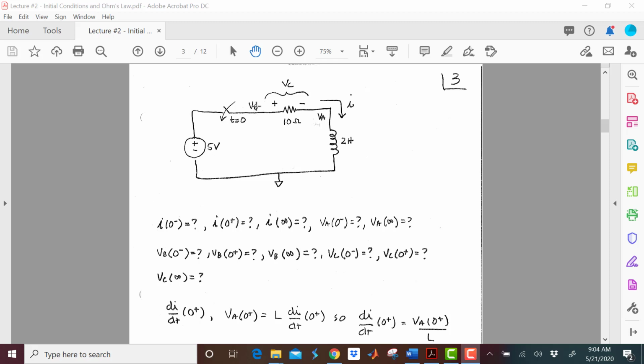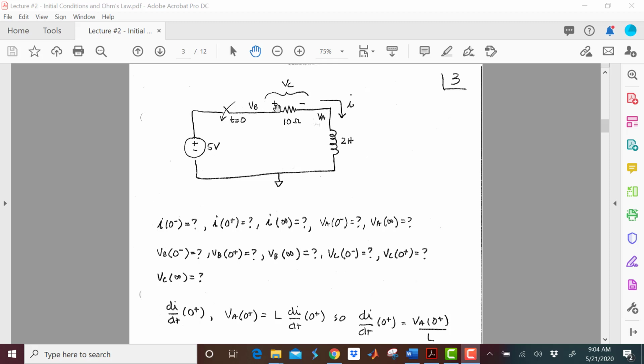At time equals 0 plus, I'm connected to a voltage source. VB is 5 volts at 0 plus. VB at infinity, it's connected to a voltage source, it's 5 volts.